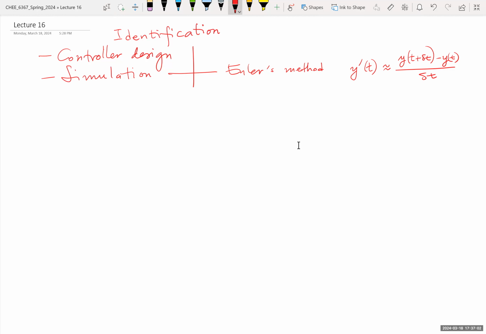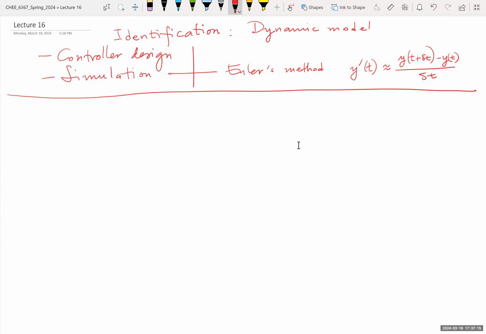So in the first part of this identification section, again, we are trying to build models. In fact, we try to build dynamic models that are useful for these things that I mentioned. I'll emphasize for the umpteenth time, they will never be perfect, but they shouldn't have imperfections that may be fatal.